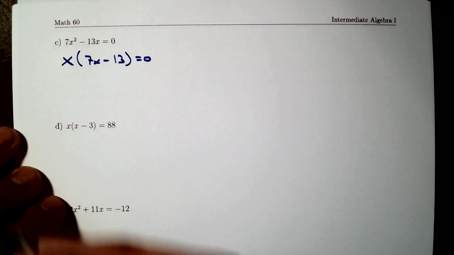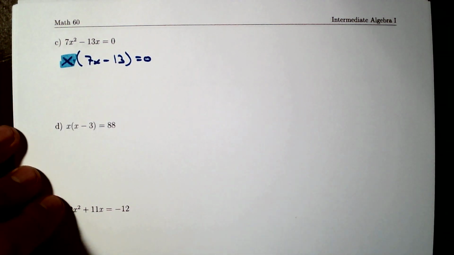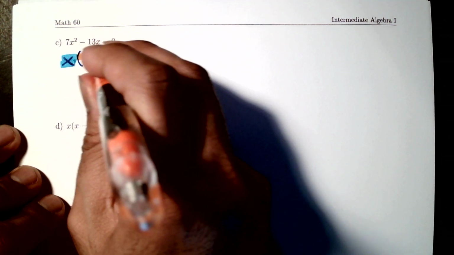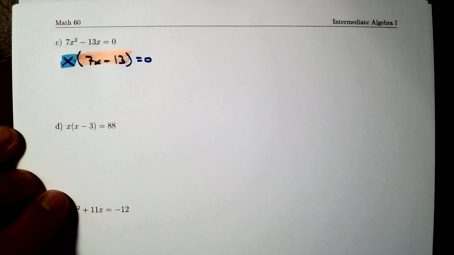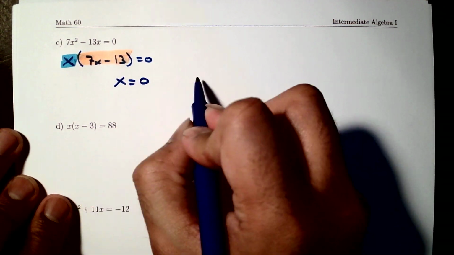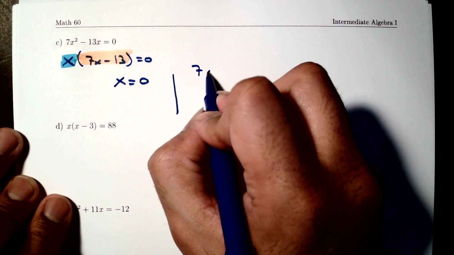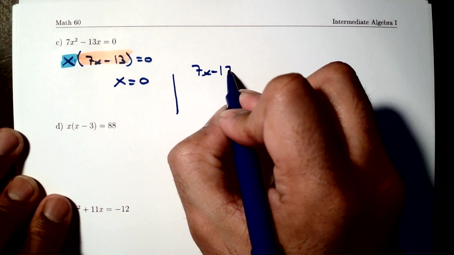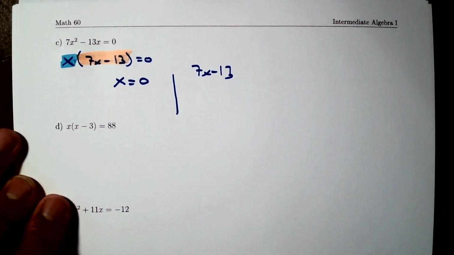So I'm going to highlight the first factor with blue and the second factor with orange. Alright, now we're going to use the zero product property, so the factor in blue, set it equal to 0, and then the factor in orange, set it equal to 0. So for the first factor, we don't really need to do anything, because this is already solved for us.